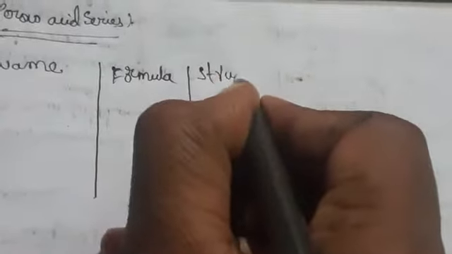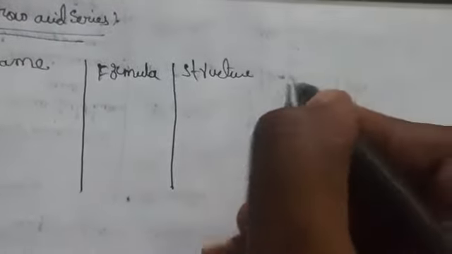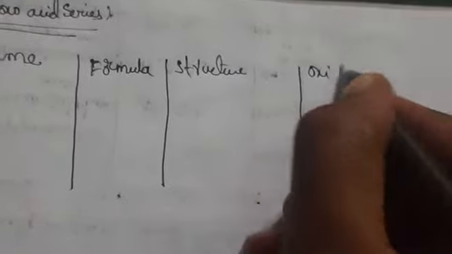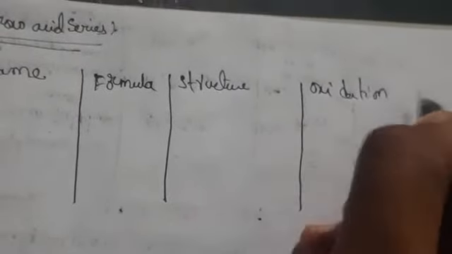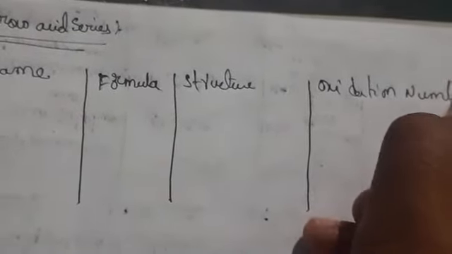So here also let us take name, formula, structure, and here oxidation number. Okay, so what is first one?